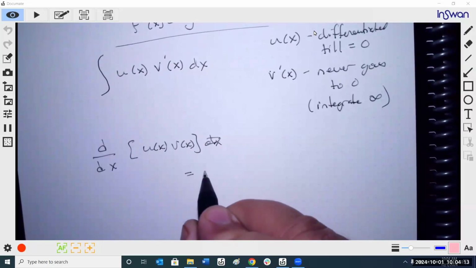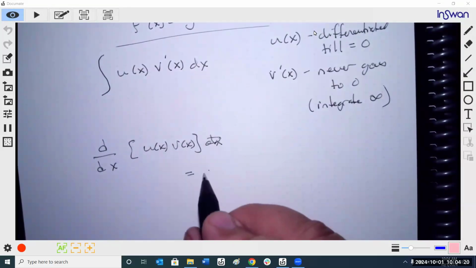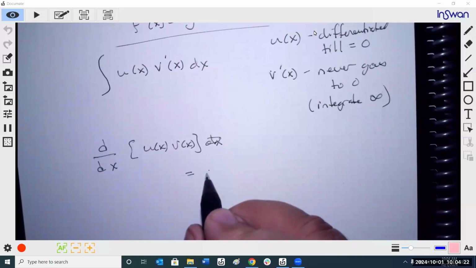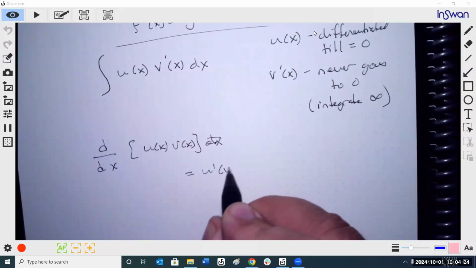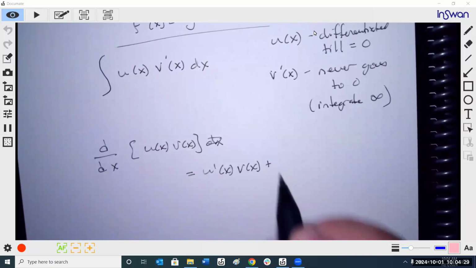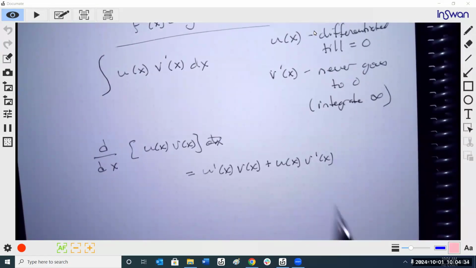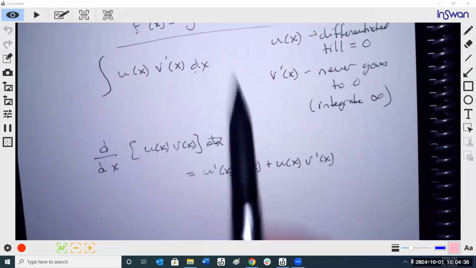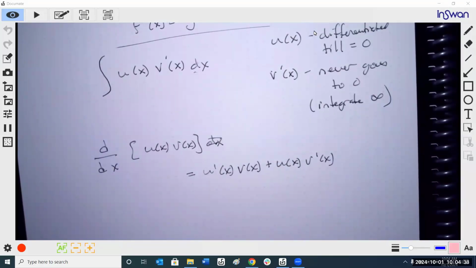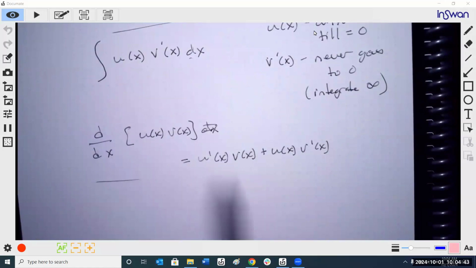This would be the derivative of the first one, which is u prime of x times v of x, plus u times the derivative of the second, which is what we set up earlier, but we're not going to use u and v's. That's the differentiation rule. Now, when we go to integrals, we're going to go backwards.